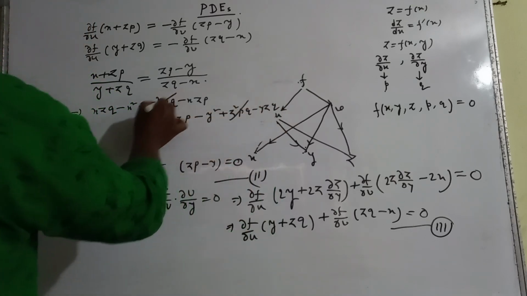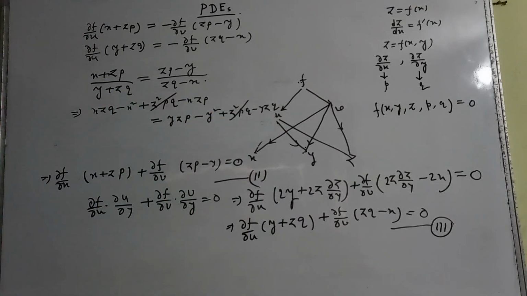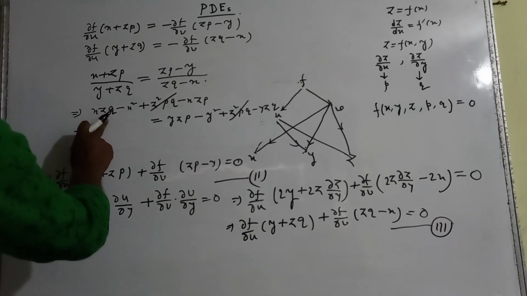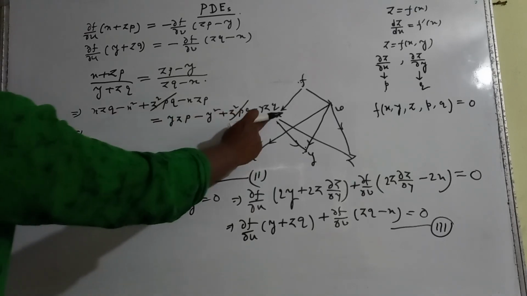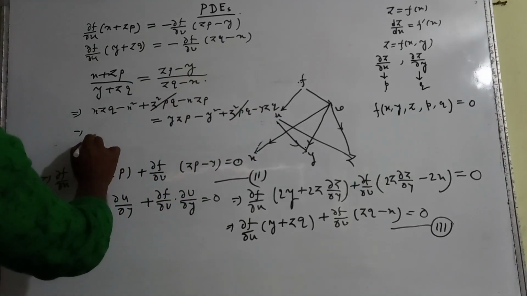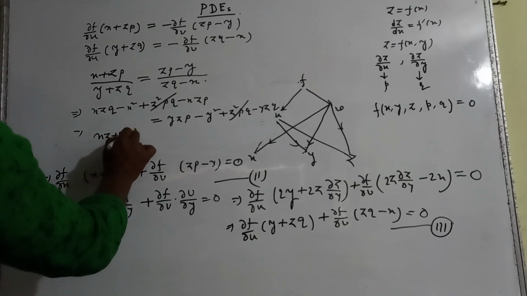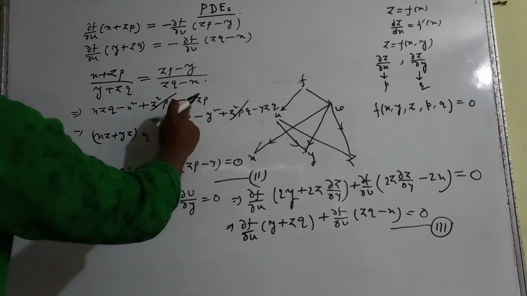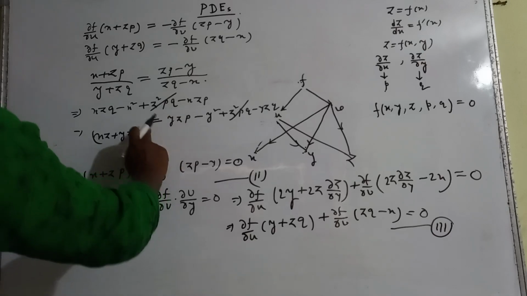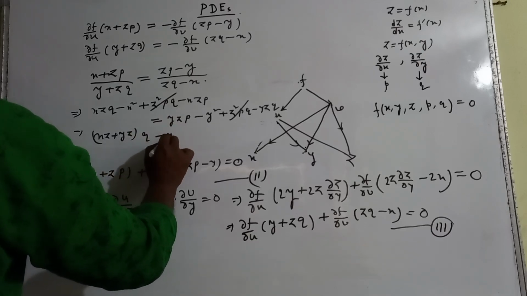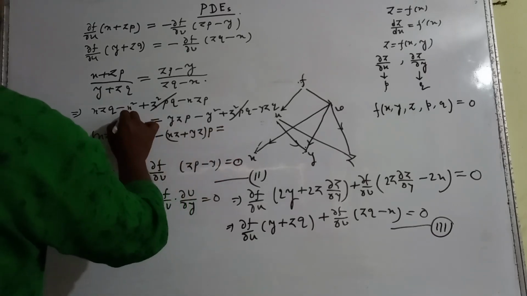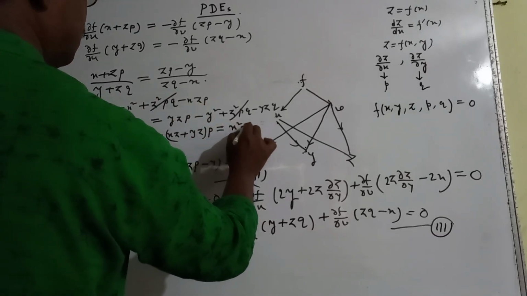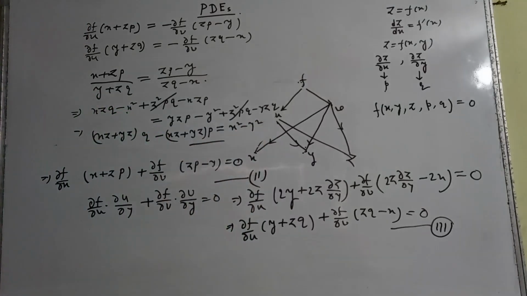Z square pq cancels. Then it will be xzq plus yzq, minus xzp minus yzp, equal to minus x square plus... it will be x square minus y square. This is the required partial differential equation.